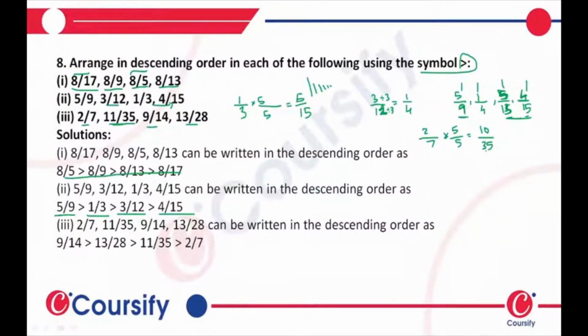So 9 by 14 can be written as 18 by 28. Comparing 18 by 28 and 13 by 28, 18 by 28 is the biggest. Obviously here 18 is bigger than 13, and 28 is smaller than 35.